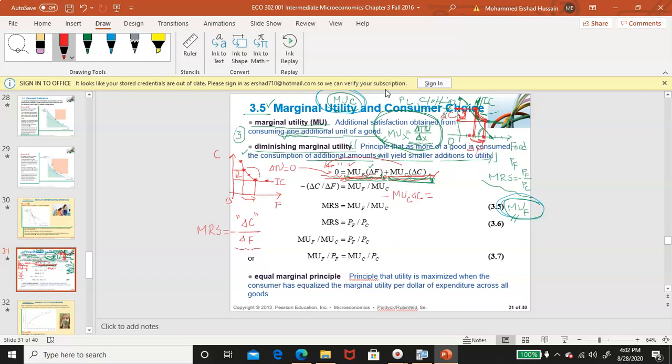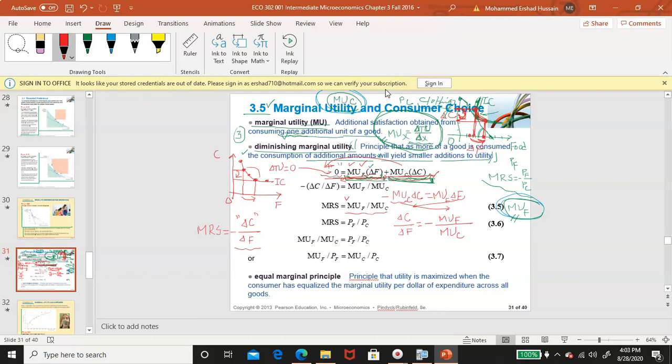On the other side we still have marginal utility of food times change of food. Now we cross multiply, take delta F on the other side, and take marginal utility of clothing on the other side. Here we are left with numerator marginal utility of food and denominator marginal utility of clothing. That is exactly what they have.